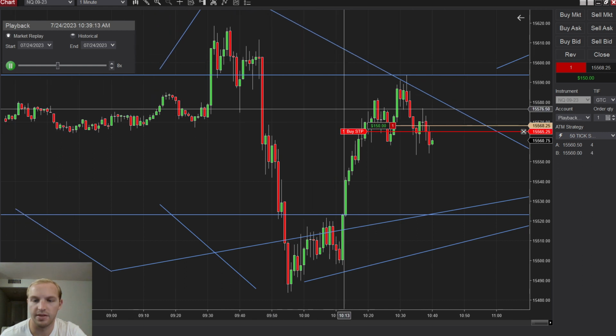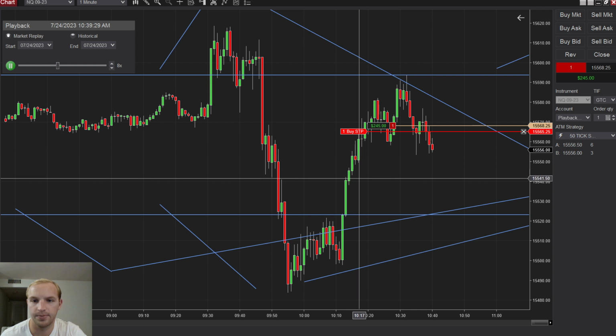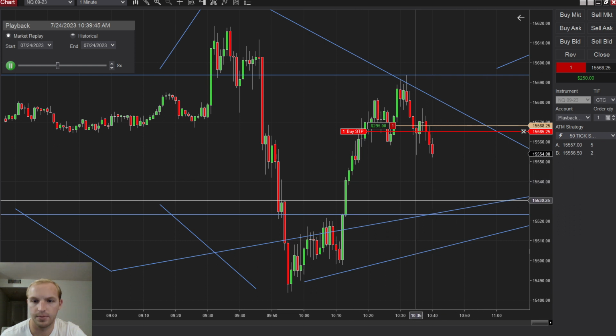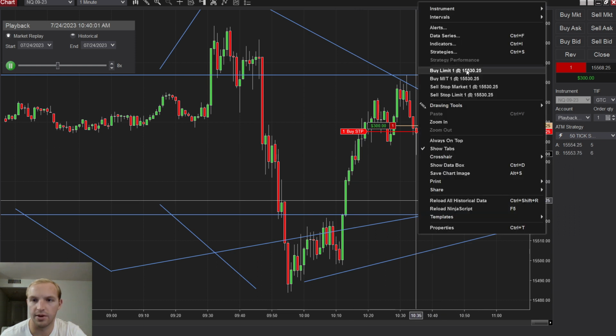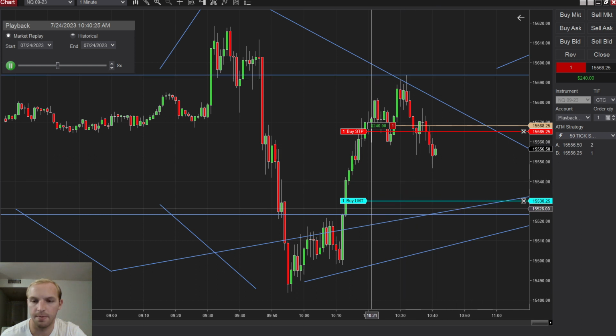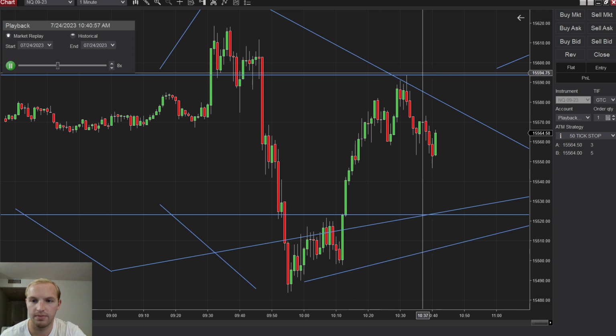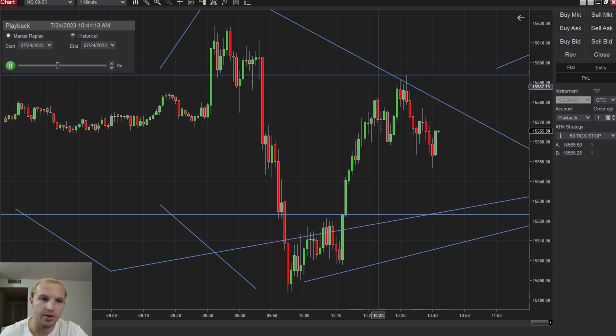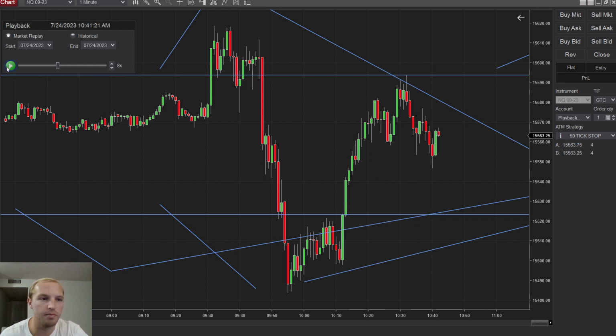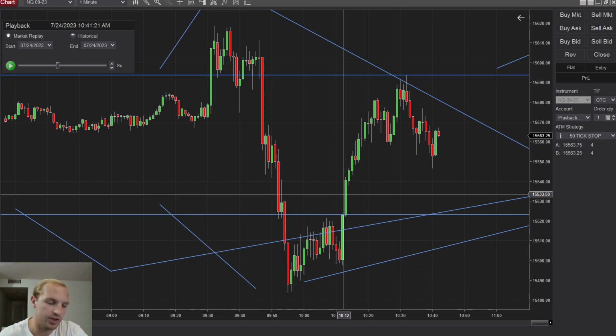Let's see if it continues down. Maybe I target the bottom of the range there. Order submitted. We got our free trade. Order canceled. So you can see how I might have executed that. Again, being pretty tight with my stops in that example, but you see the example of the liquidity grab. So hopefully this was helpful.